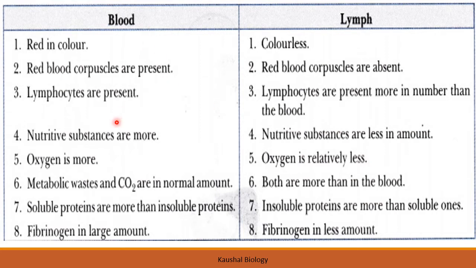Now, blood has the metabolic waste and carbon dioxide in normal amount, but lymph has more than the blood, means metabolic waste and carbon dioxide will be more over here in the lymph. Now in the blood, soluble proteins are more, and in the lymph, insoluble proteins are more.